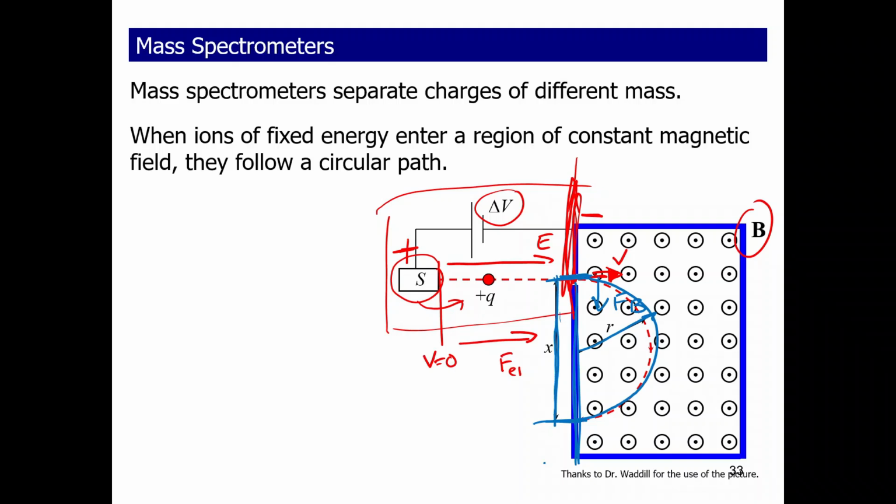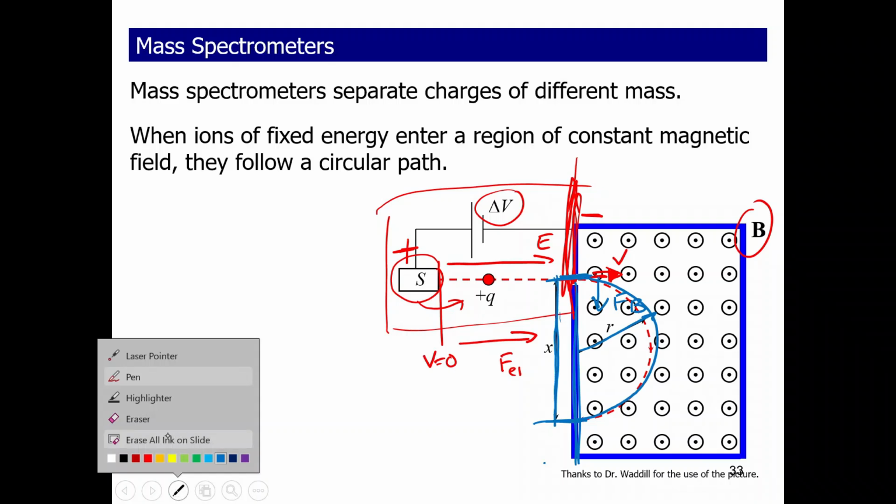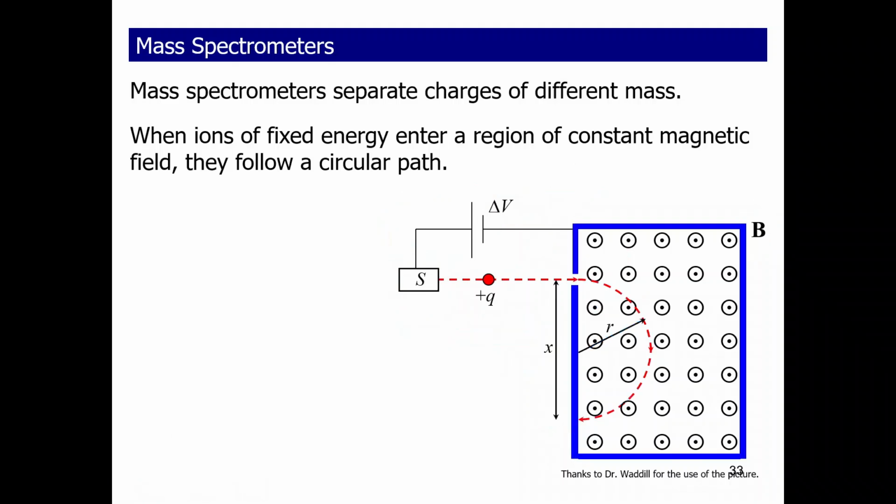So that's kind of how our mass spectrometer works. So how would we find that mass based on this information? First of all, we know that there is going to be a relationship between the radius here and x. So I can see that x is going to be 2 times my radius.